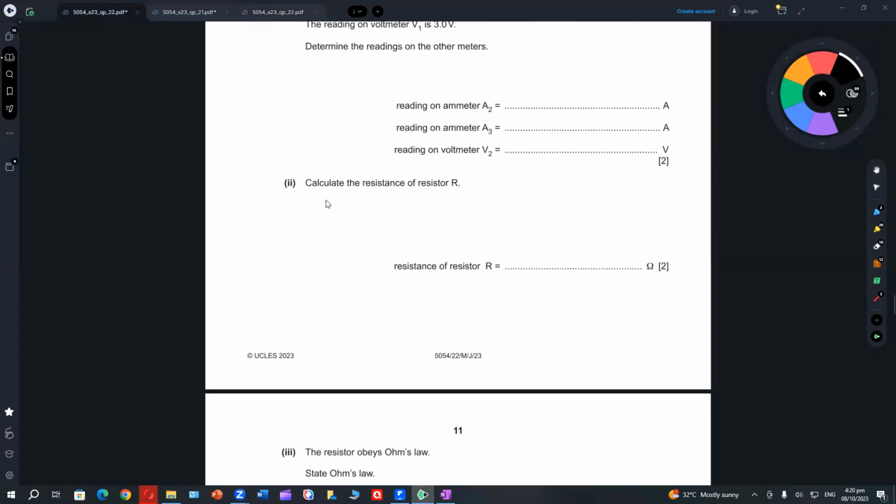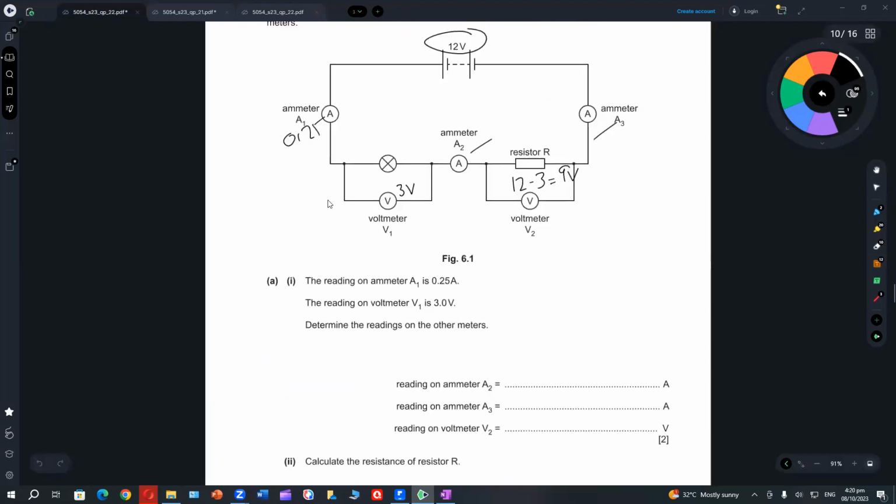Then he says, calculate the resistance of resistance R.